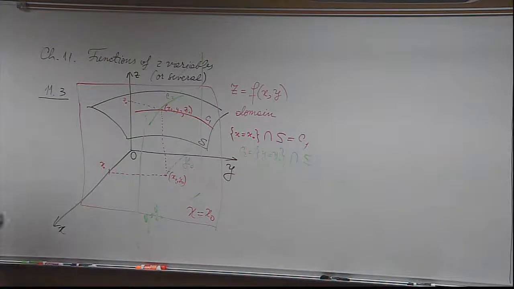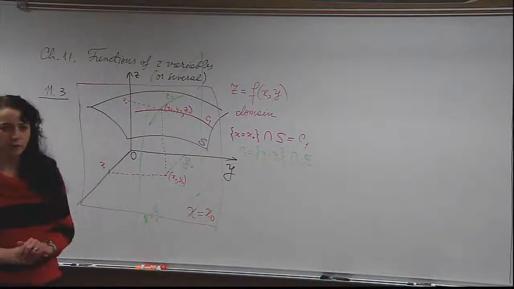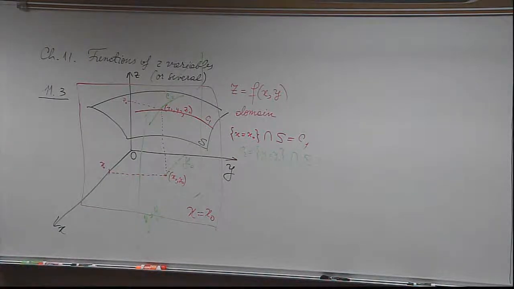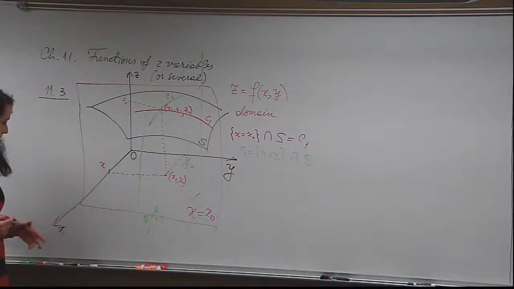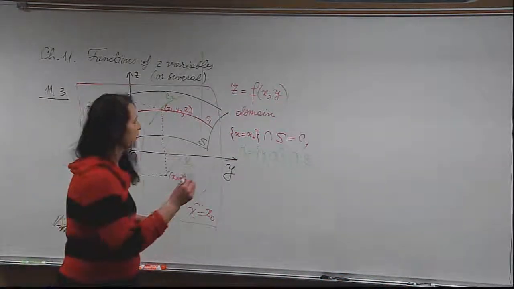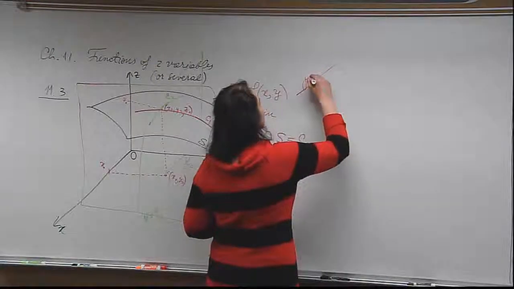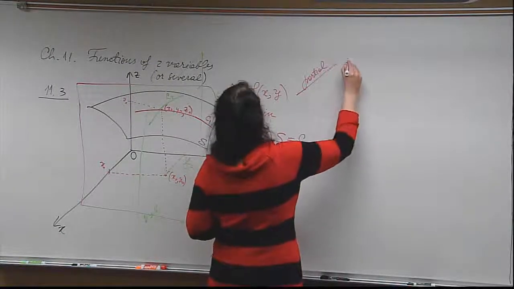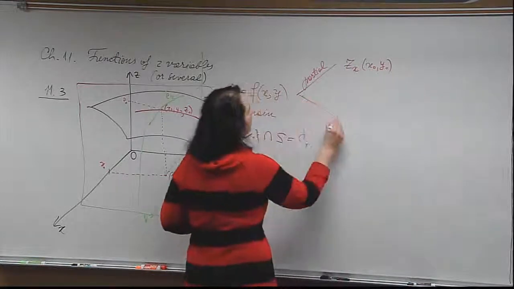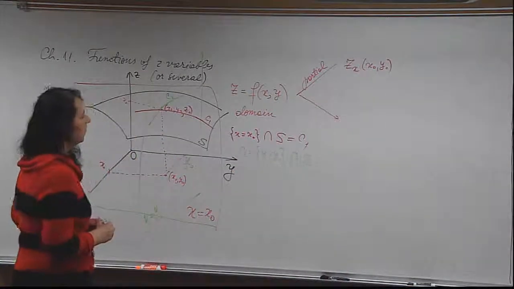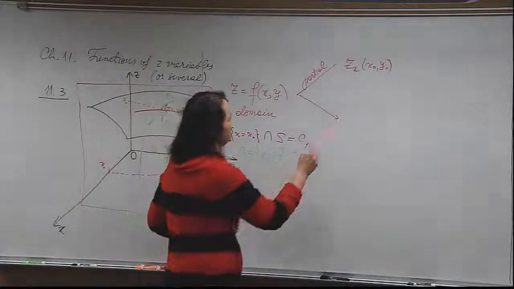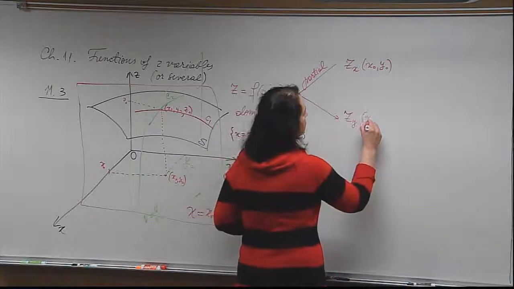Last time we introduced some derivatives at the point x0, y0 so that they represent those partial derivatives of the function z with respect to x and y. So we have the partial z sub x at x0, y0, and the partial z sub y at x0, y0.